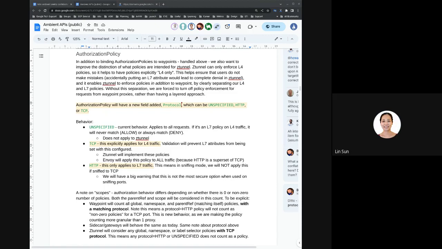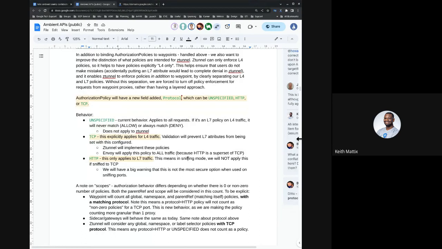Okay, perfect. And what other changes do you envision for the target ref besides authorization policy? Off the top of my head, any resource that is applicable to ambient, so excluding sidecar, for example, that uses workload selector for policy should instead be programmed via a target ref instead of workload selector.